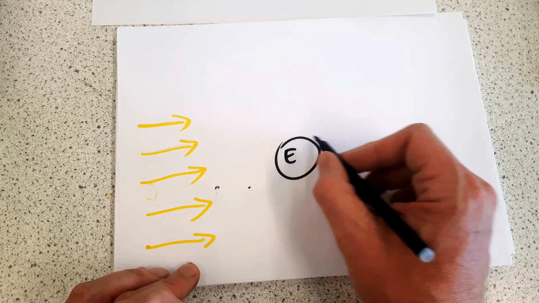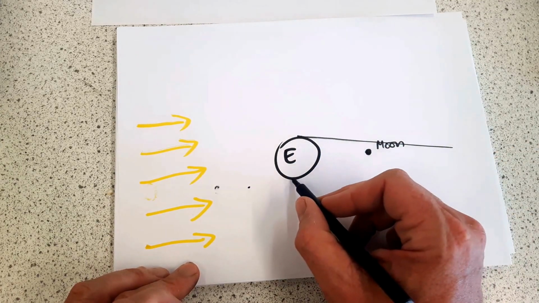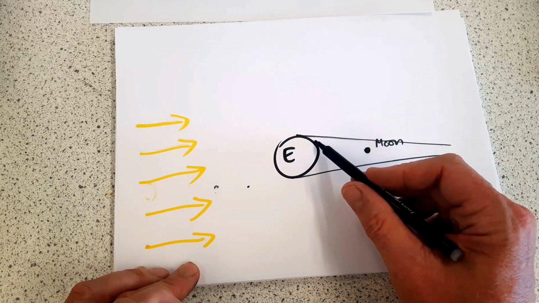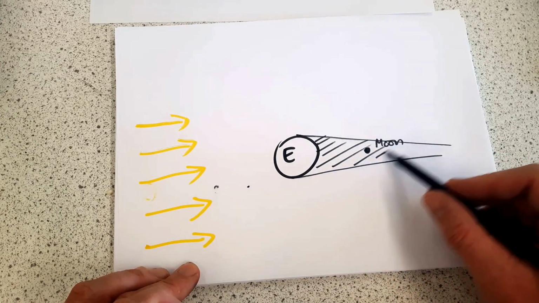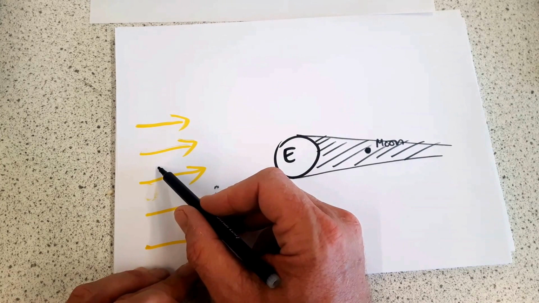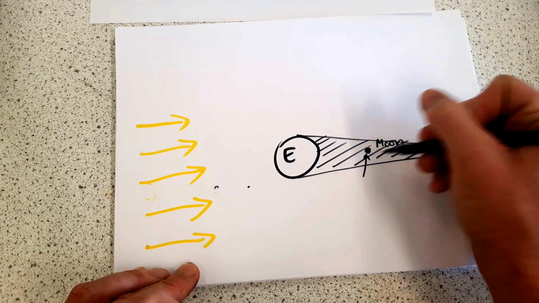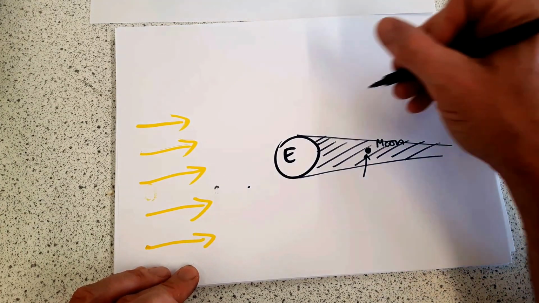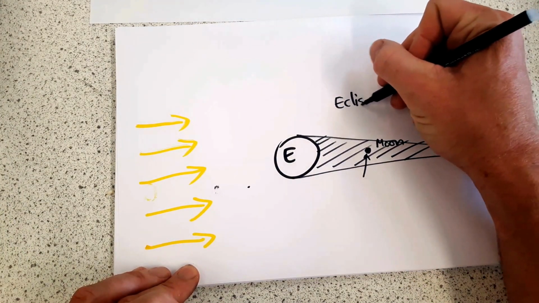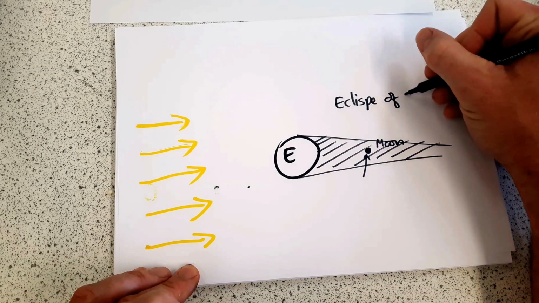And if so happens that the moon, so this will be the dark shadow area, remember the sun is a source of light, so there'll be a shadow cast. If the moon moves into this shadow area, then that will be an eclipse of the moon, or a lunar eclipse.